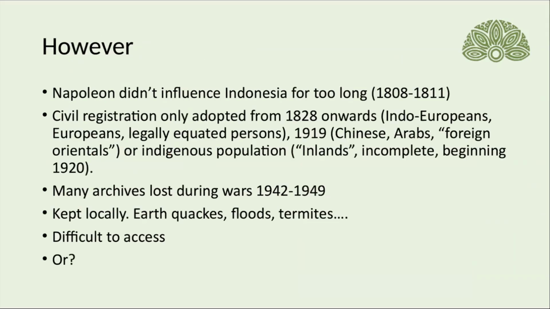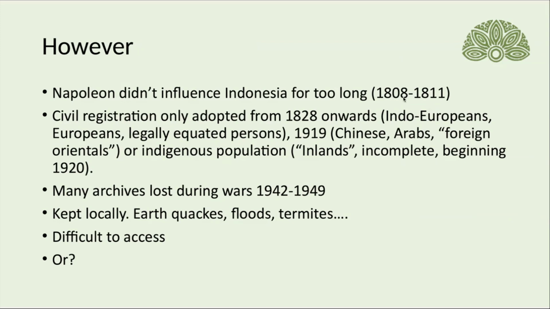Now, for Indonesia and the Dutch East Indies, the situation is different. Napoleon didn't influence Indonesia for too long. It was far away. He was busy with his wars in Europe. He didn't conquer the United States either. I think he got a foothold in Louisiana at a certain point, but he was busy in Europe.